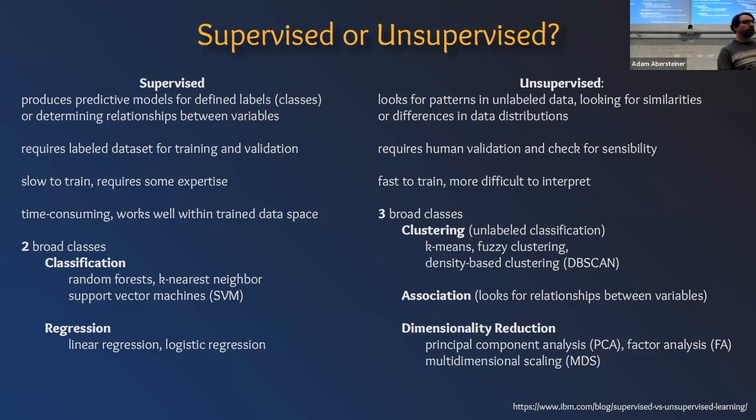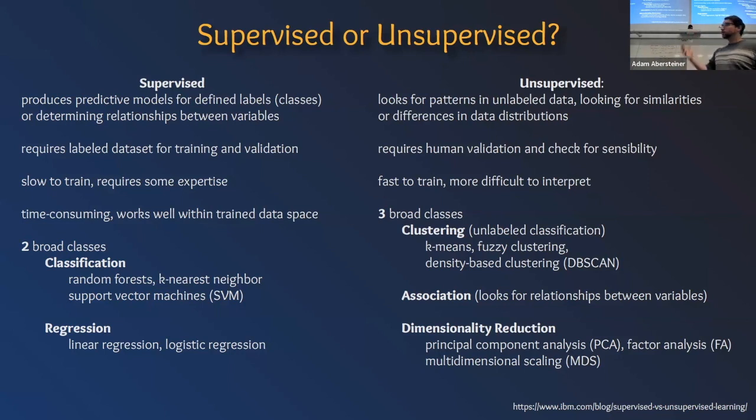You can get really, really good results. Supervised learning falls into a couple of different types. One is classification, where you're trying to say which bin something falls into, and the other is regression. If you've ever done linear regression, in some ways you've done supervised learning, because you've got group A and group B and you're trying to find a relationship between them.